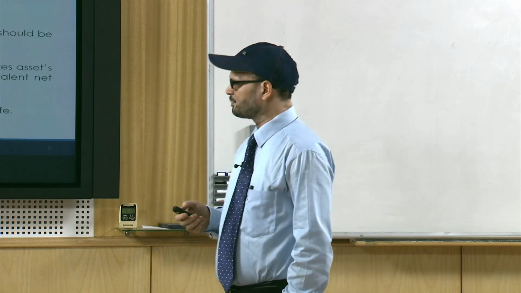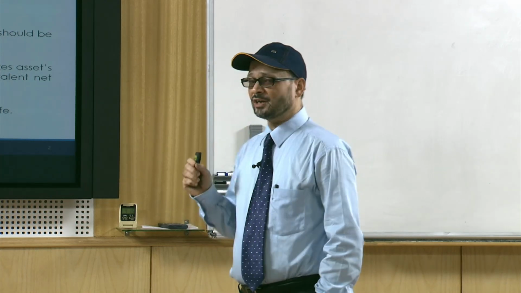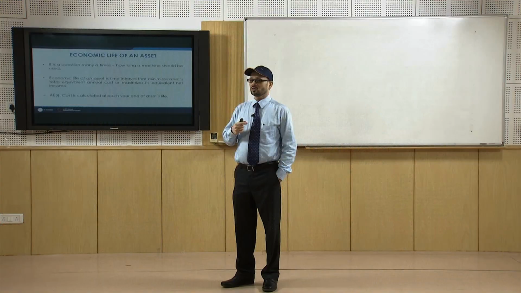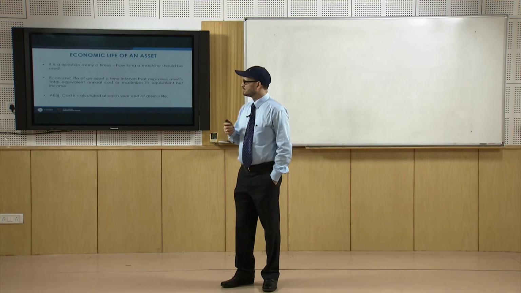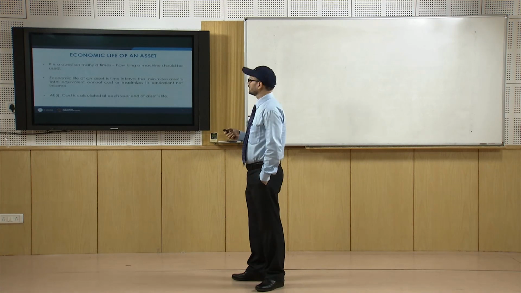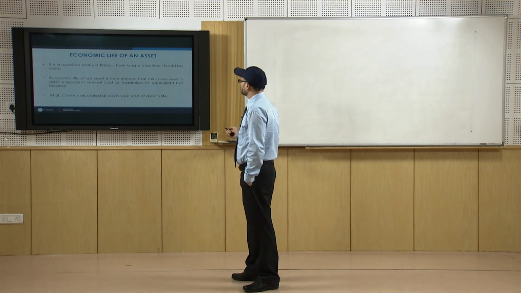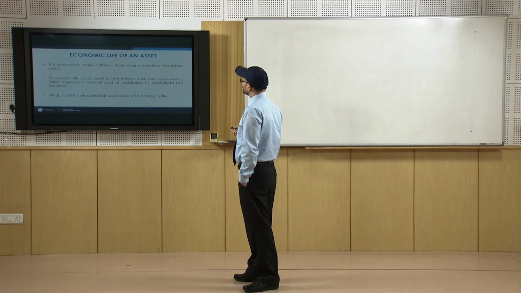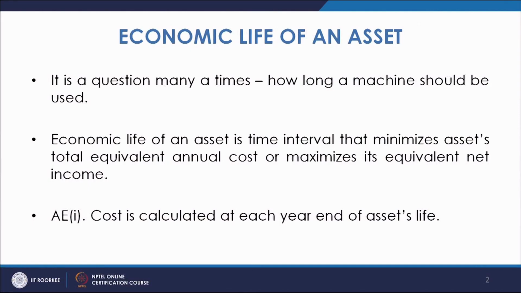Basically, the time for which you should use the machine where you get the minimum annual cost is known as the economic life of the asset. So, we need to know how long the machine should be used, which minimizes the asset's total equivalent annual cost or maximizes the equivalent net income.